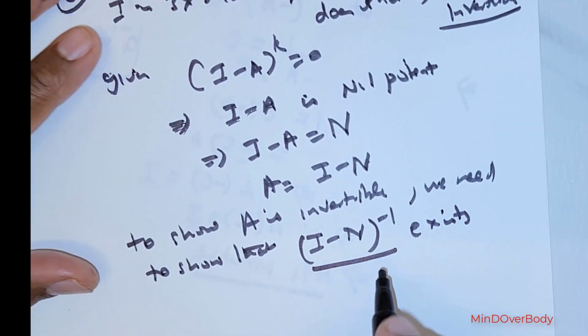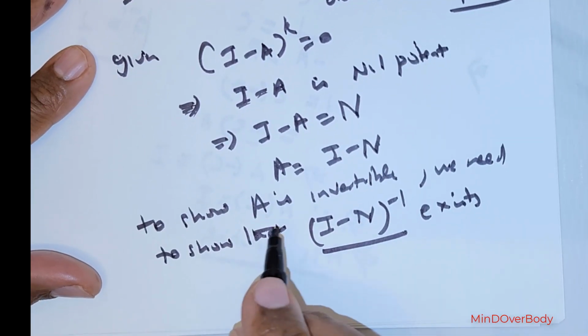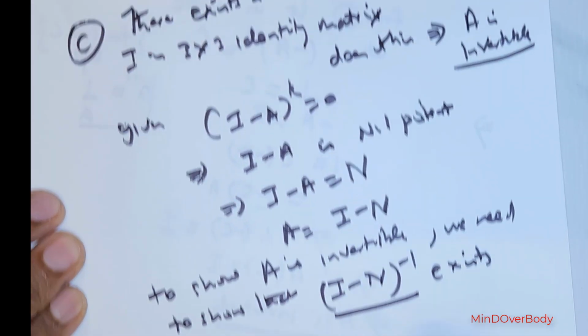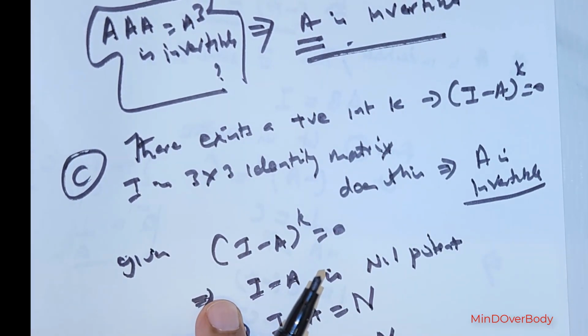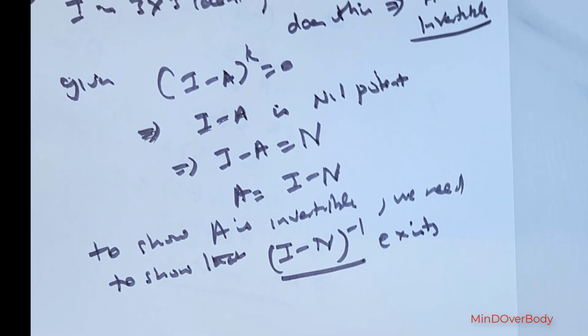If I were able to show this, then this would mean that A is invertible. So that is our objective. So let us go and get that. Let me go to the next page.